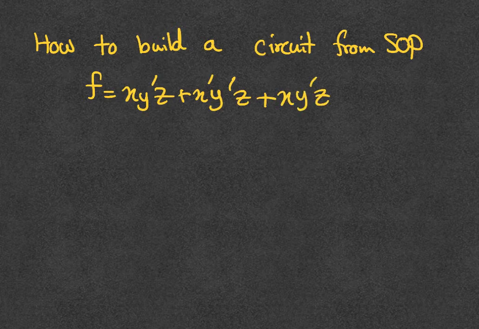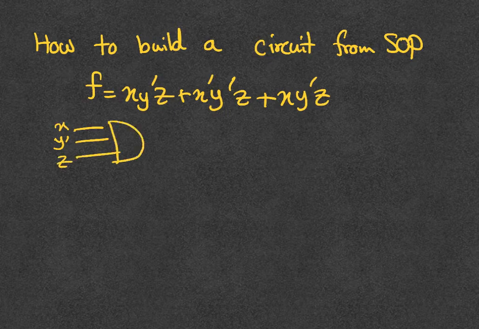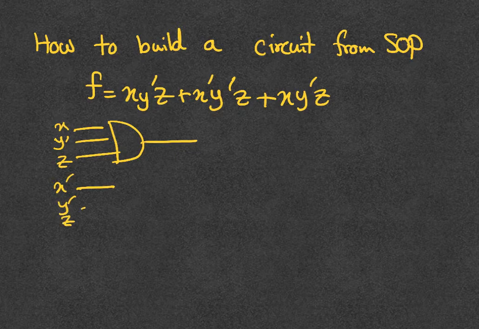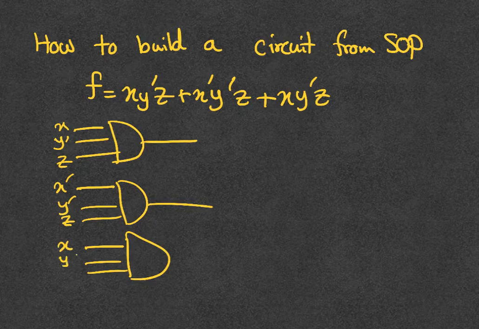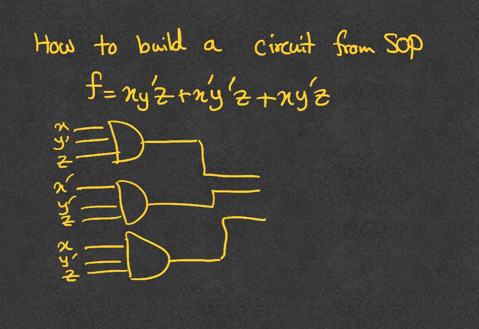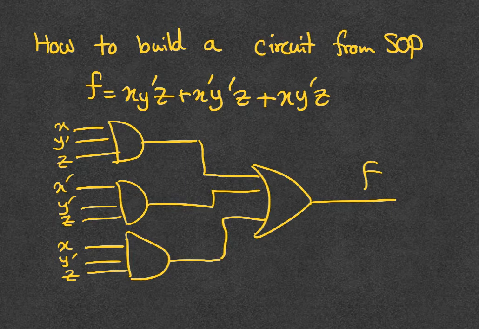And when you want to implement, basically you get x, y, y prime, z, and then you have x prime, y prime, z, and then the last one is x, y prime, z. Then you get the OR gate, and then you get the output.